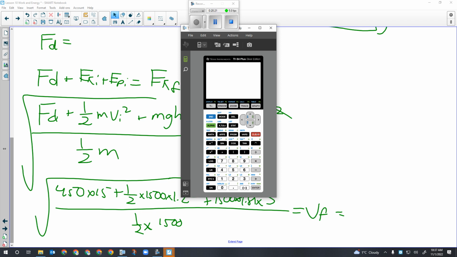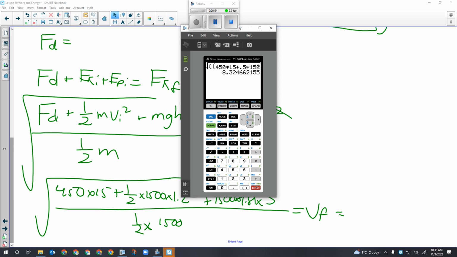Yep. Okay, so when I'm plugging this in, I'll have my square root symbol, and then on the top 450 times 15 plus 0.5 times 1500 times 1.2 squared plus 1500 times 9.81 times 3 divided by 750, half of 1500.